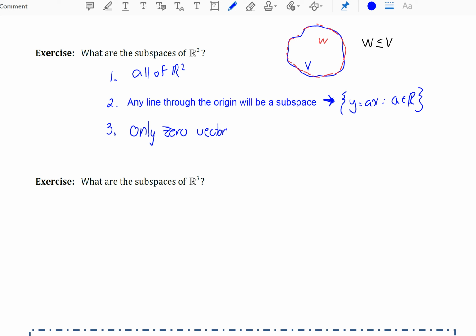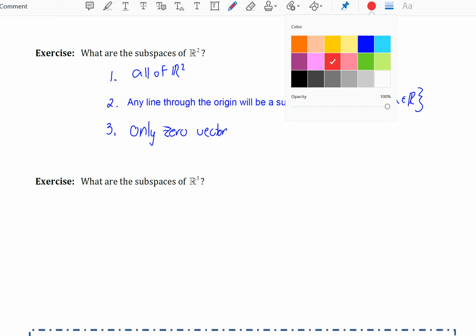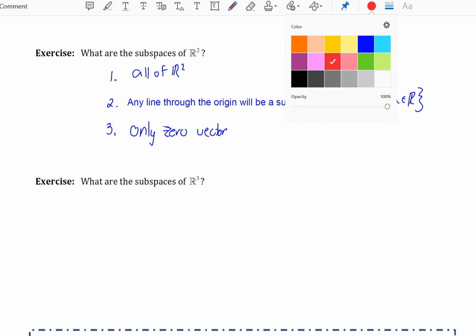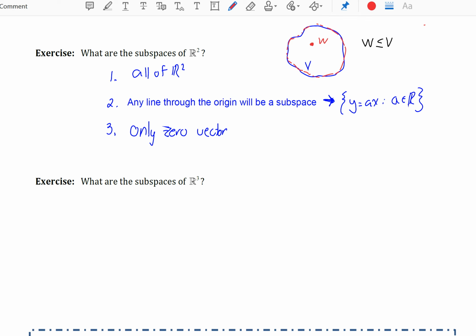So maybe if it's just this one point inside W, just the zero vector only. And in R2, that would look like 0, 0.